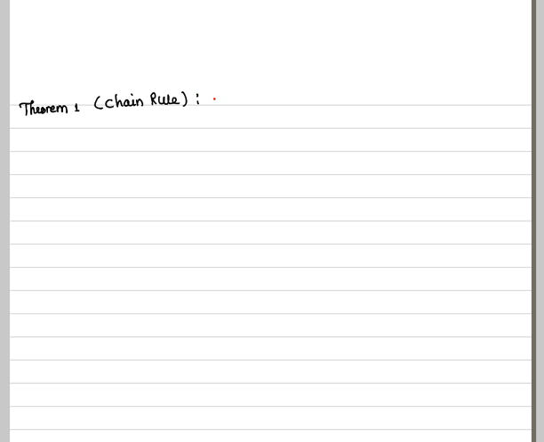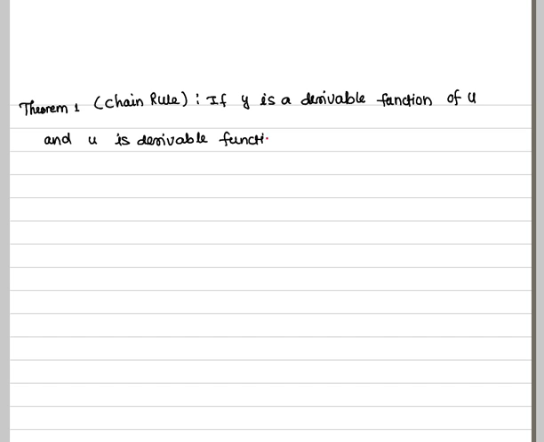It states that if y is a derivable function of u, and u is a derivable function of x, then the chain rule states that dy by dx is equal to dy by du into du by dx.